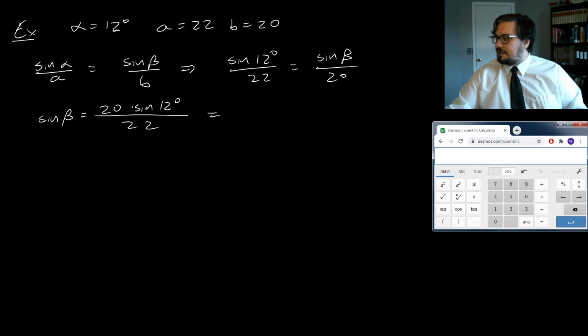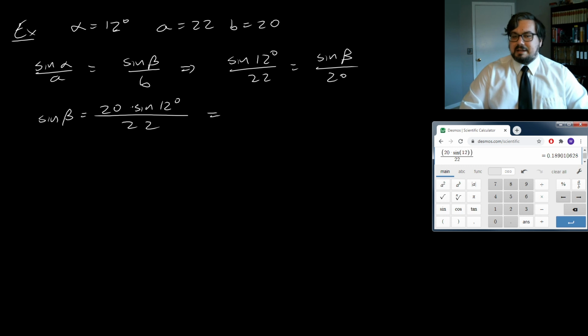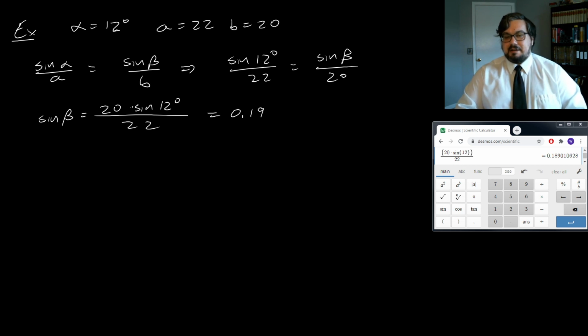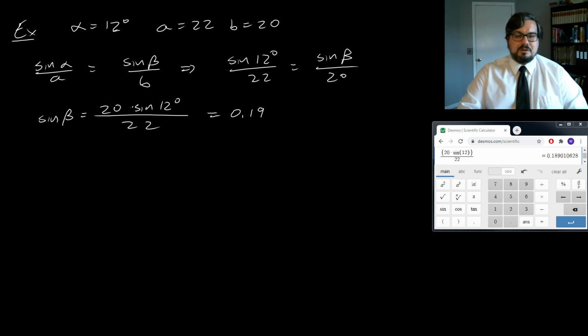And so we get 20 times sine of 12 degrees divided by 22, and we get sine of beta is 0.189. I'll use 3 decimal places, sorry, I don't want to over approximate things.